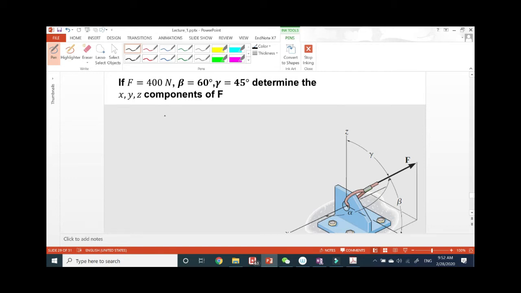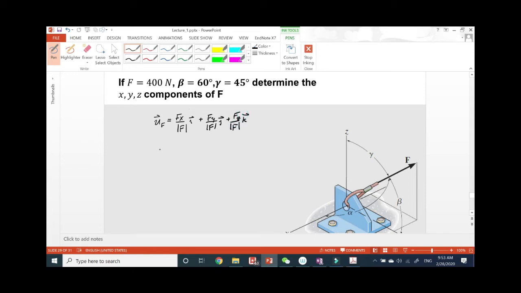And so we can define a unit vector uF is equal to Fx over the magnitude of F in the i direction plus Fy over the magnitude of F in the j direction plus Fz over the magnitude of F in the k direction.